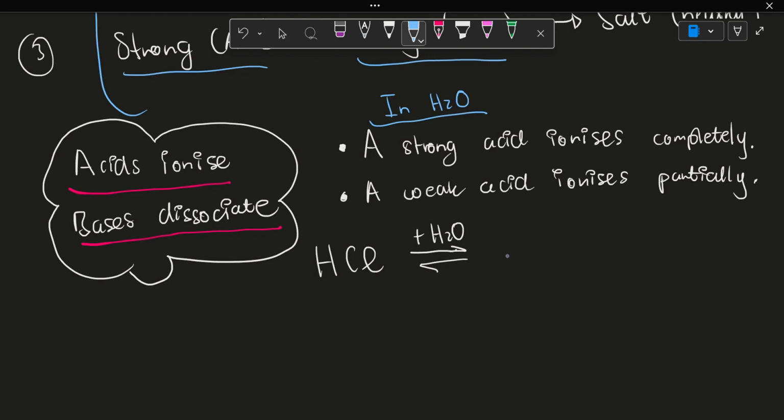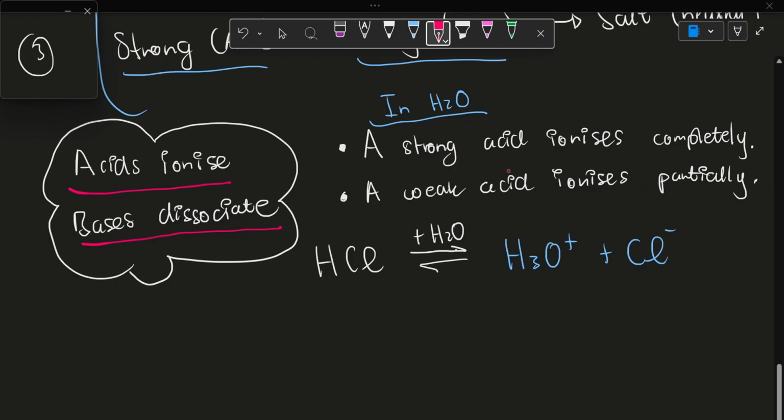You result in a hydronium ion as well as a chloride ion. So, notice something. HCl was put in water, right? It ionized completely, right? Because HCl is a strong acid, so it ionizes completely.